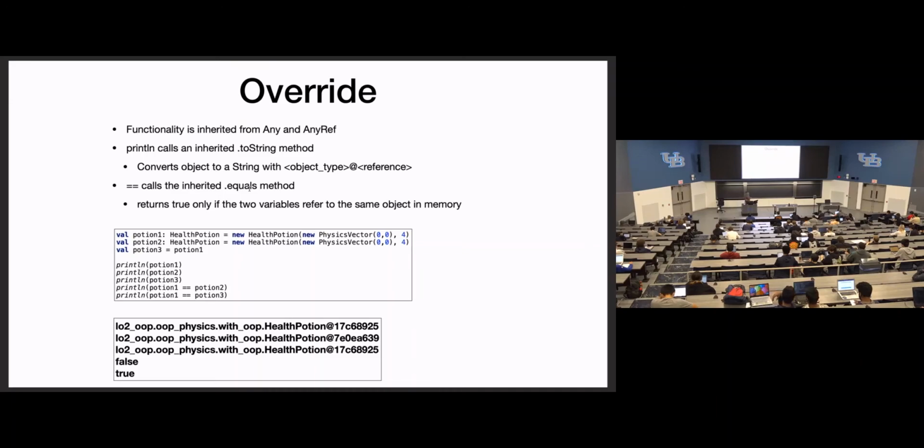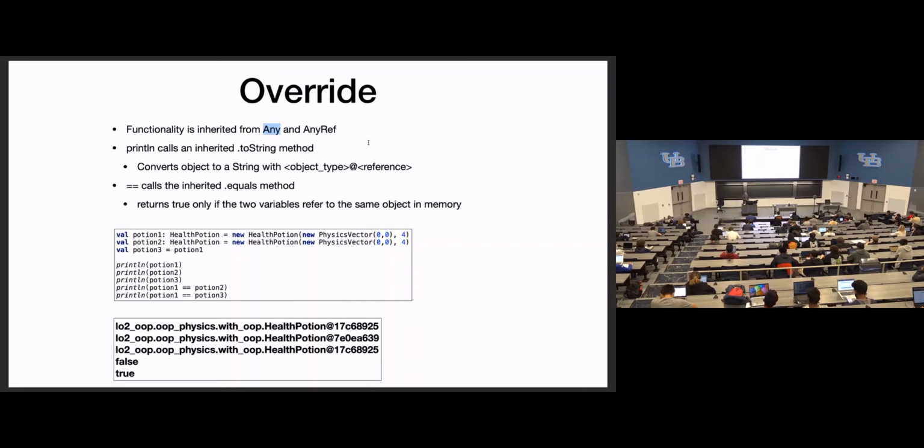So toString, this is implicitly called whenever you do print line and give it some reference to an object. We can do that with anything in Scala because everything has a toString method, because everything is of type any, and any has a toString method. So everything has a toString method.